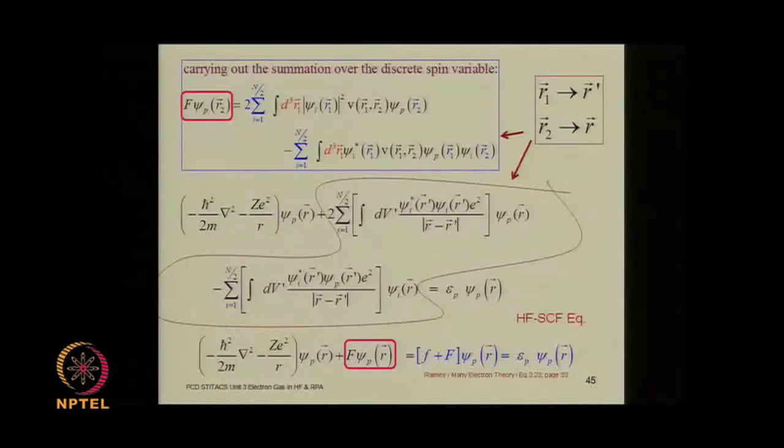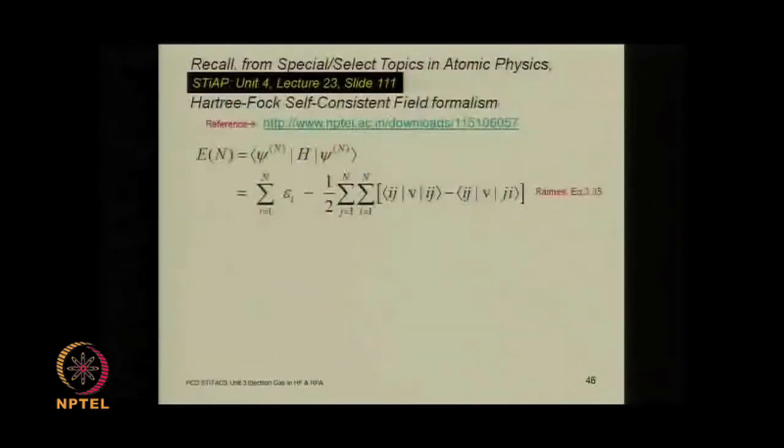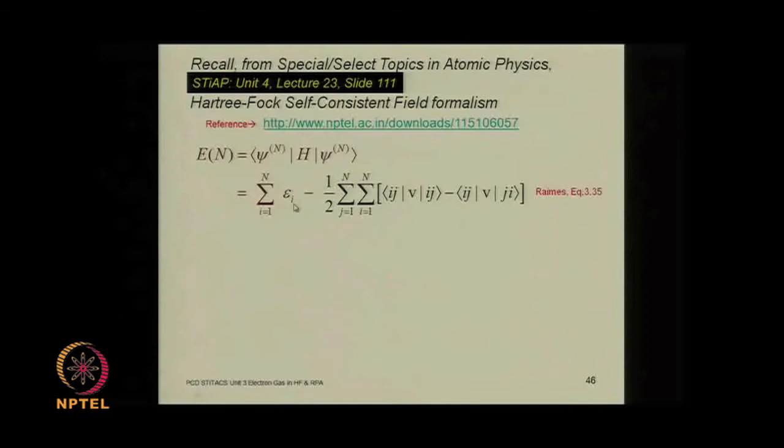So, this is just the Hartree-Fock equation, but now we are going to use this further. Mind you, this epsilon had come as a Lagrange multiplier in the Hartree-Fock theory. This is what looked like the eigenvalue of the Hartree-Fock equation. We know the Hartree-Fock equation is not an eigenvalue equation, it has the resemblance of an eigenvalue equation, but all those details we have discussed in the previous course.